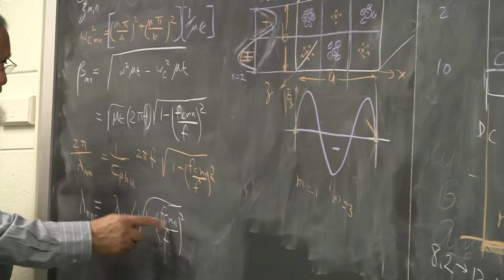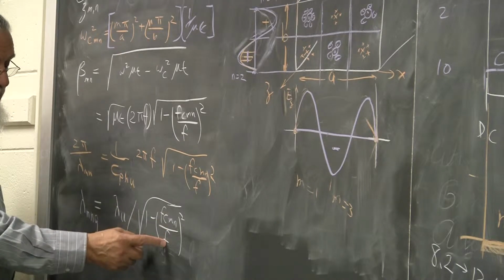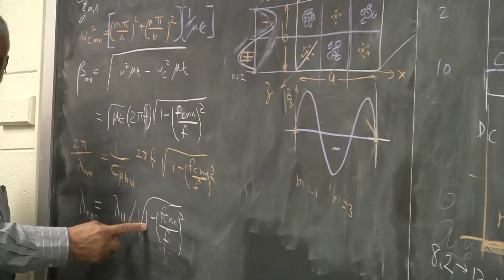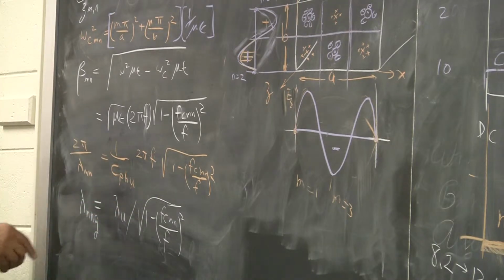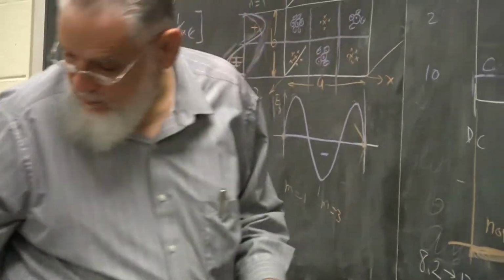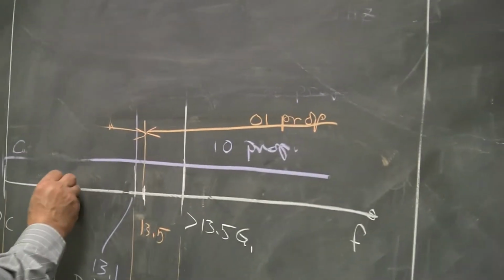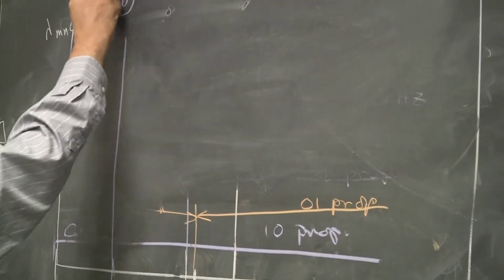When f sub c is equal to f, that's a 1. 1 minus 1 is 0, and the denominator gives you infinity. So at each cutoff frequency here, let's say I'm going to do the 1-0 mode first.